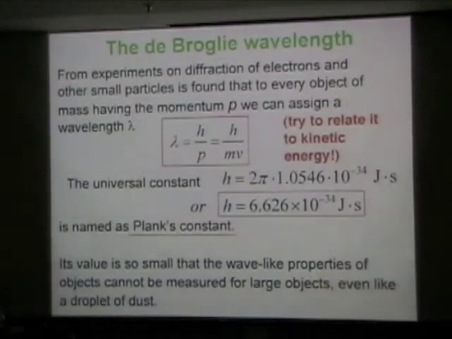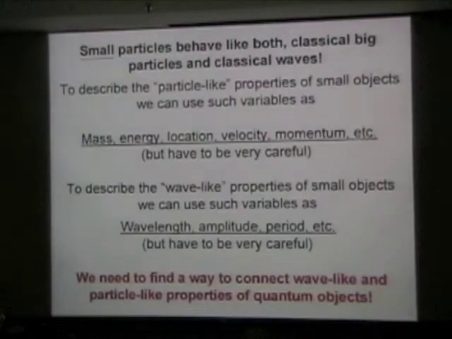Properties of waves and properties of particles. So as a particle, it has mass, energy, it could be located somewhere, sometimes. As a wave, it also has the wavelength, frequency, etc. So on the micro level, all those objects have everything.